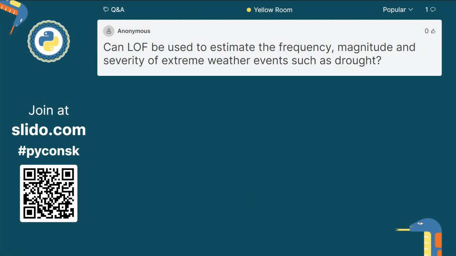Thank you. Can local outlier factor be used to estimate the frequency, magnitude, and severity of extreme weather events? Yes. Well, as I mentioned, you take the data points and break that information down in the training set.